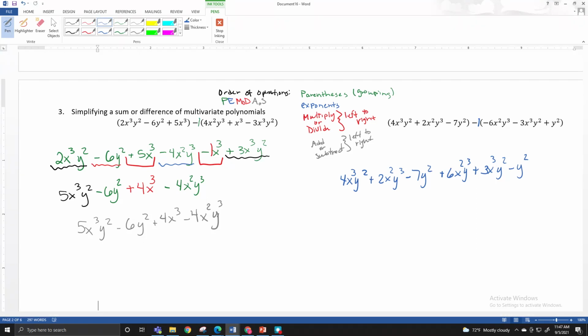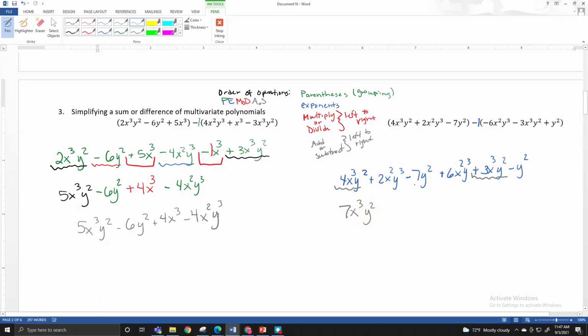So now I'm going to start looking for my like terms. And I am going to start with the first one. And we have x cubed y squared. So 3 x's, 2 y's would be this one right here. So I have a 4 plus 3, so 7x cubed y squared.